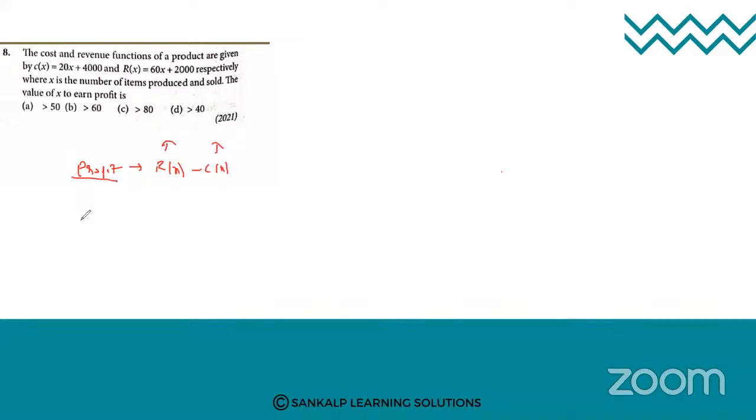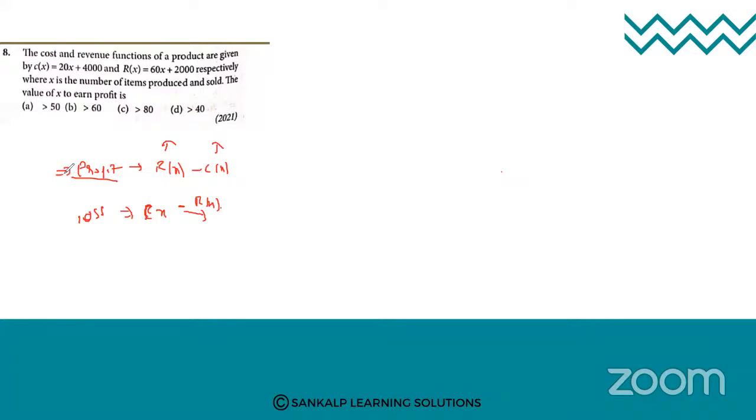In the same way, the loss part will be when your cost price Cx is more than the revenue Rx. In such cases, it will be a loss. So you just have to substitute a point and check.